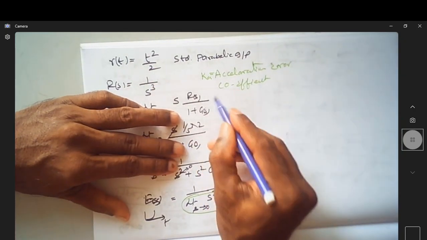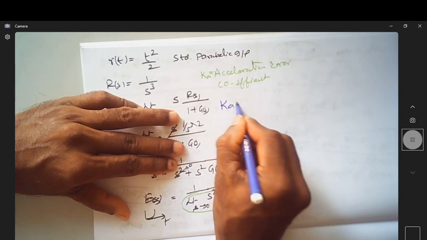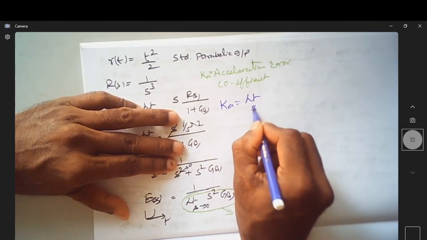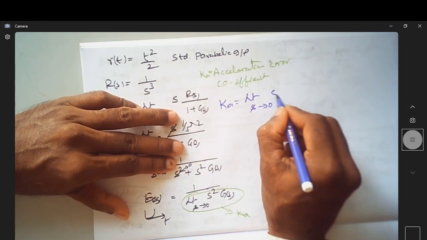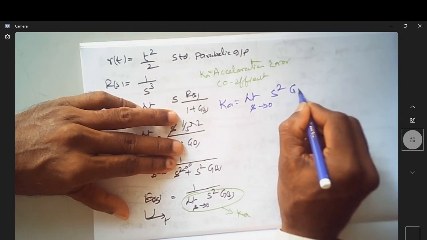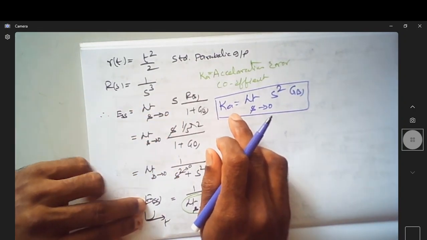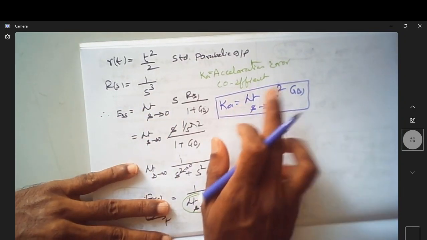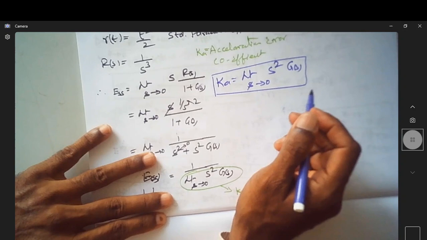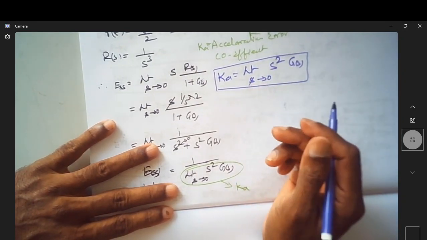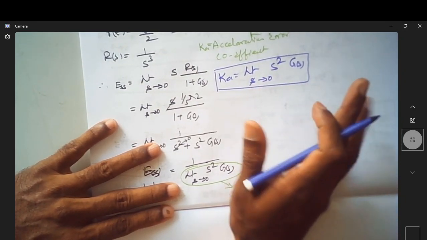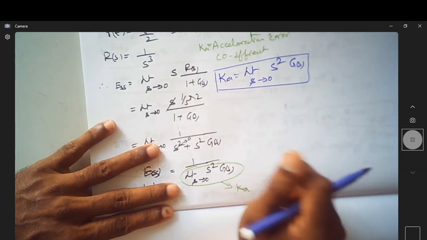So what is KA? KA is given by limit of s tending to 0 of s square into GFS. This is the acceleration error coefficient. Now let us take different type systems and try to find out what is KP, KV, KA using an example.